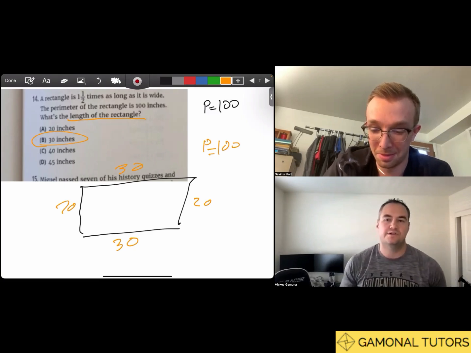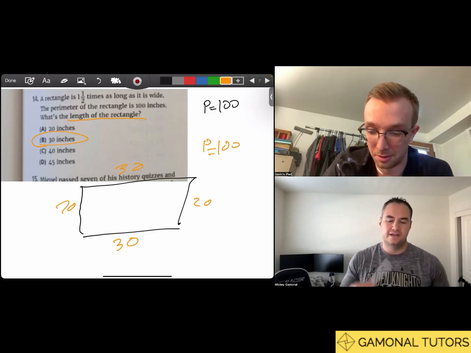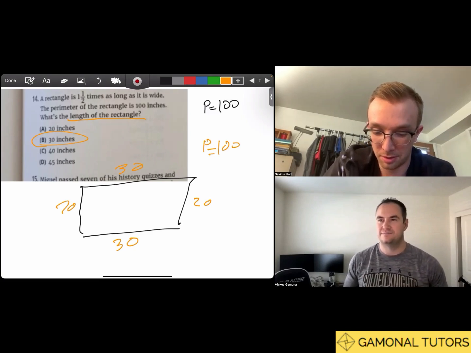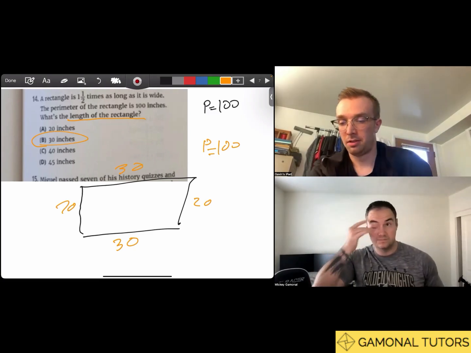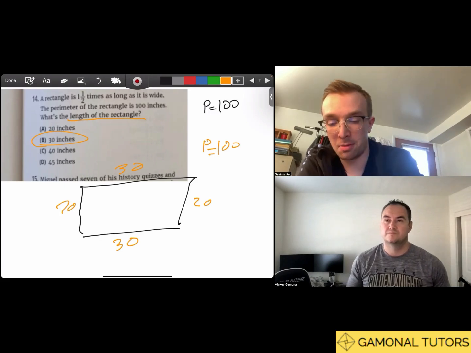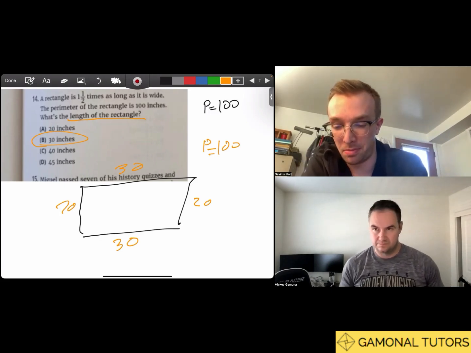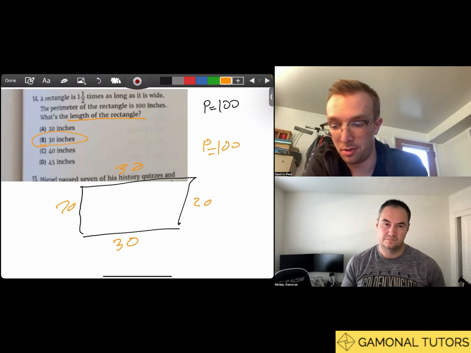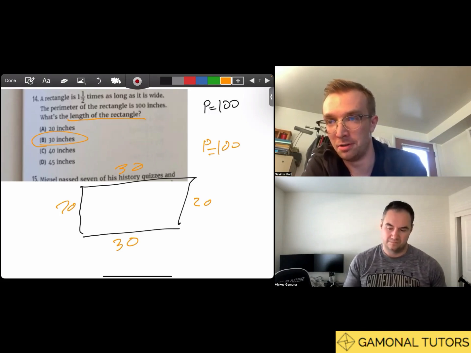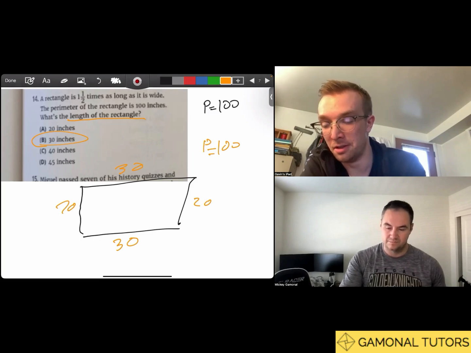This one's one of those harder questions where you do have to think about it. How did you get your answer? I was breaking down the perimeter. So four quarters equals $1. Not $1, 100.